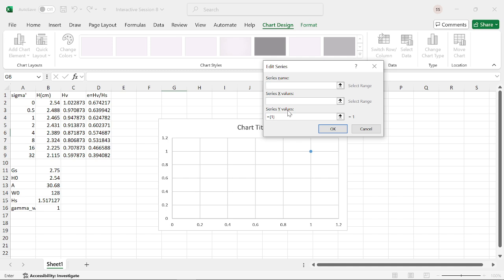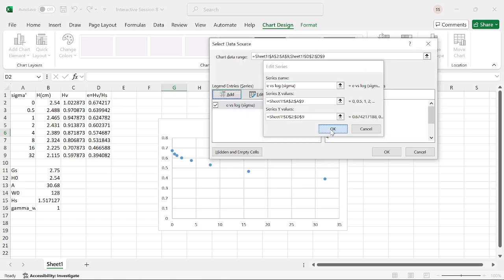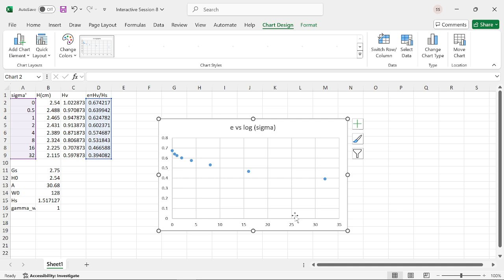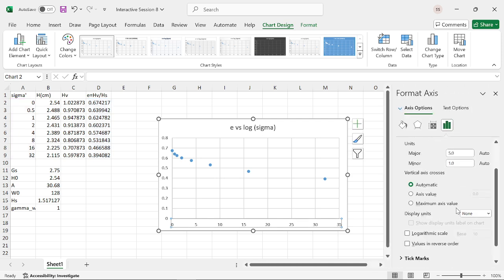So we can call this e versus log sigma. X will be sigma, Y will be e, so the X axis will be log scale.